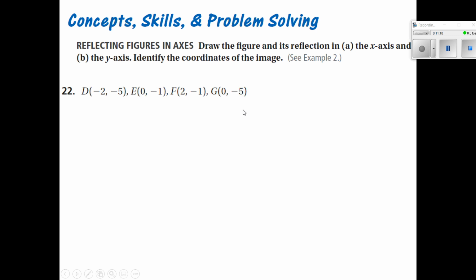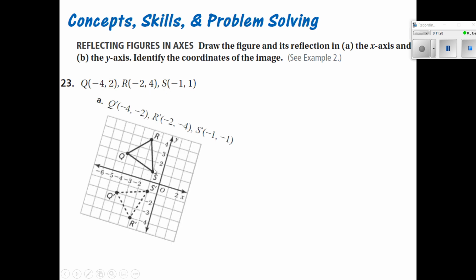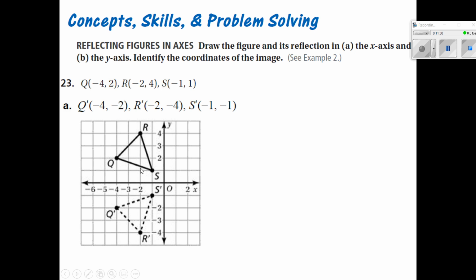All right, number 22 is for you to do. For 23, let's try Q, which is (-4, 2), R, which is (-2, 4), and S, which is (-1, 1). When I reflect across the x-axis, S prime will be 1 away from my x-axis, just like S. Q prime will be 2 away, just like Q is.